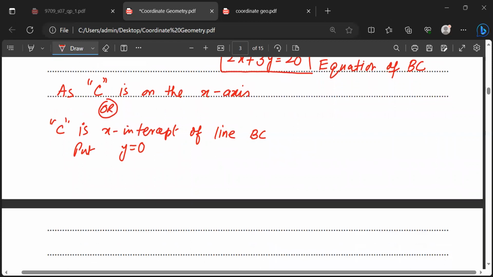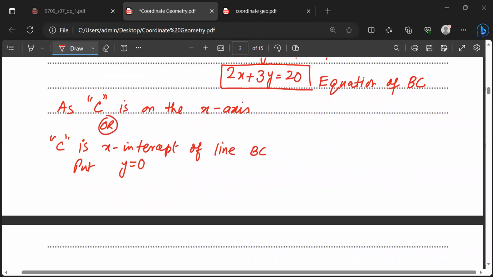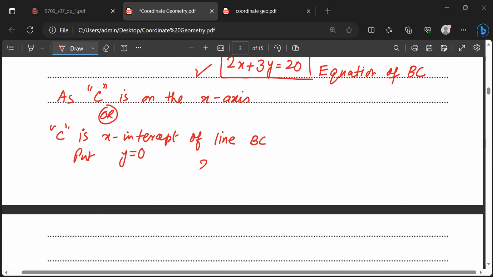If y is equal to 0 in this equation, 2x plus 3 into 0 is equal to 20.